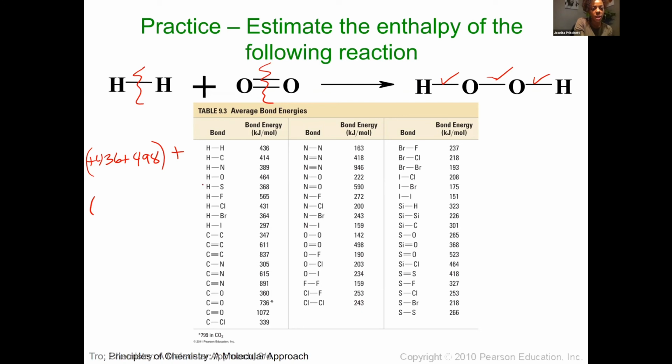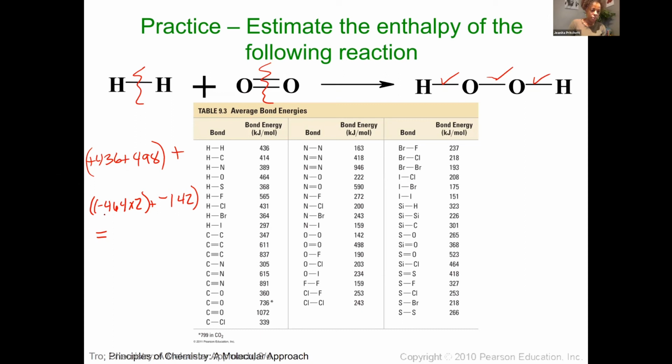All right, so we have negative 464 times 2 to represent those two O to H bonds, plus my oxygen single bond, which is 142. And we would write it as negative 142. Okay, and then we add that all up.